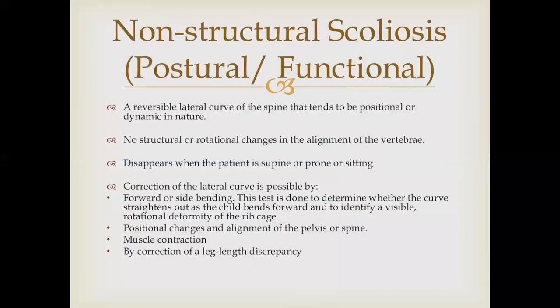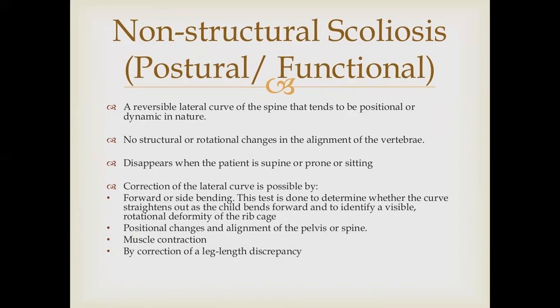Moving on to non-structural scoliosis, or postural or functional scoliosis. It is a reversible lateral curvature of the spine that tends to be positional or dynamic in nature, with no structural or rotational changes in the alignment of the vertebra. It disappears when the patient is supine, prone, or sitting.